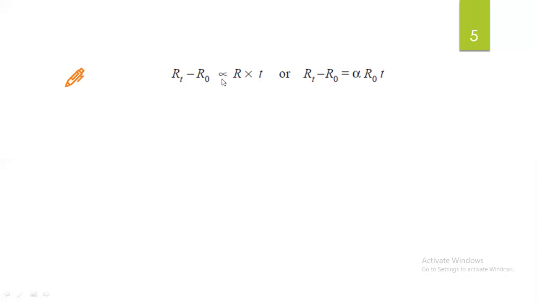As we discussed in the last point, the increase in resistance depends on the nature of material and also on the temperature. So it can be written as RT minus R0 equals alpha into R0 into T, where alpha is a constant known as the temperature coefficient of resistance of the conductor.